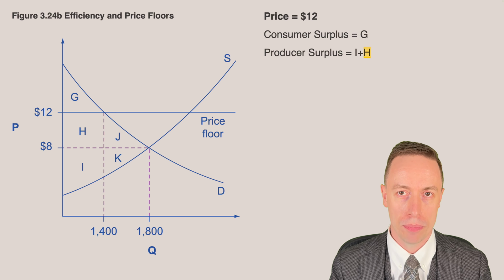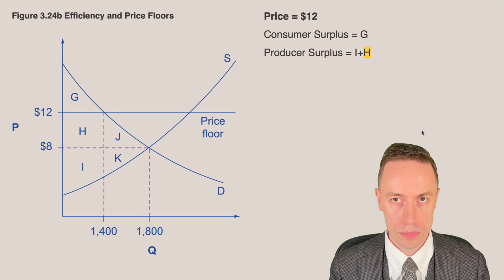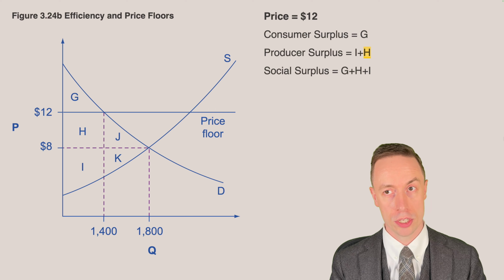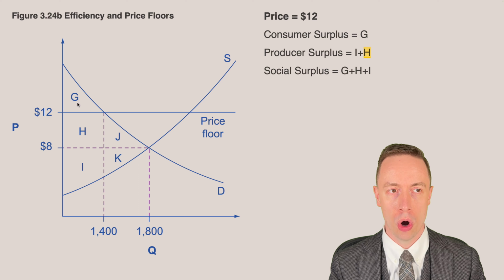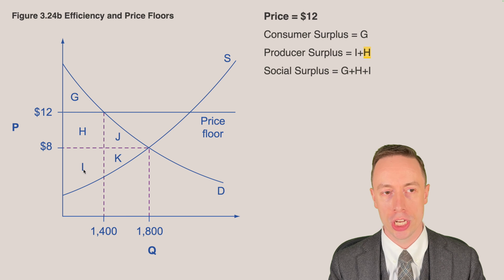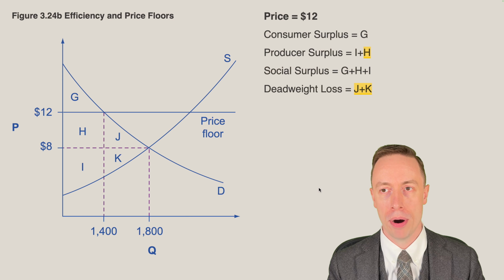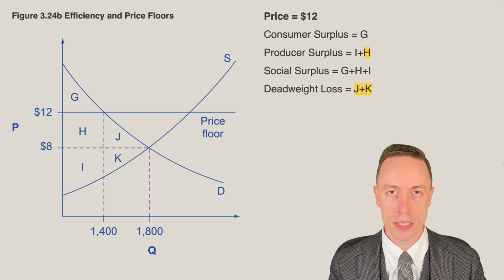Let's look at this from the social perspective though. After all, economics is a social science. Once we add up all our areas, we find that with the price floor, social surplus is reduced to only areas G, H, and I. J and K are no longer part of social surplus, and as such, we would label them a deadweight loss.